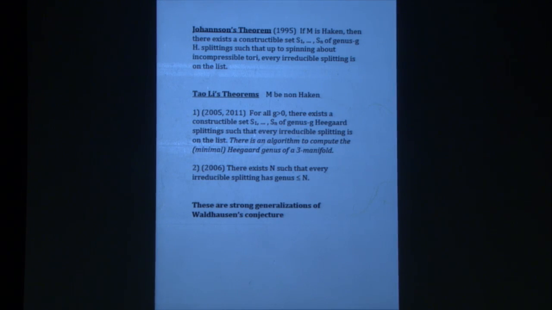So these are strong generalizations of Waldhausen's conjectures, and I should say these are really deep theorems. Johannson wrote a 426-page book which had various things, but this was the main theorem, and Tao Li's work in total is about 150 pages of hard work, quite remarkable.